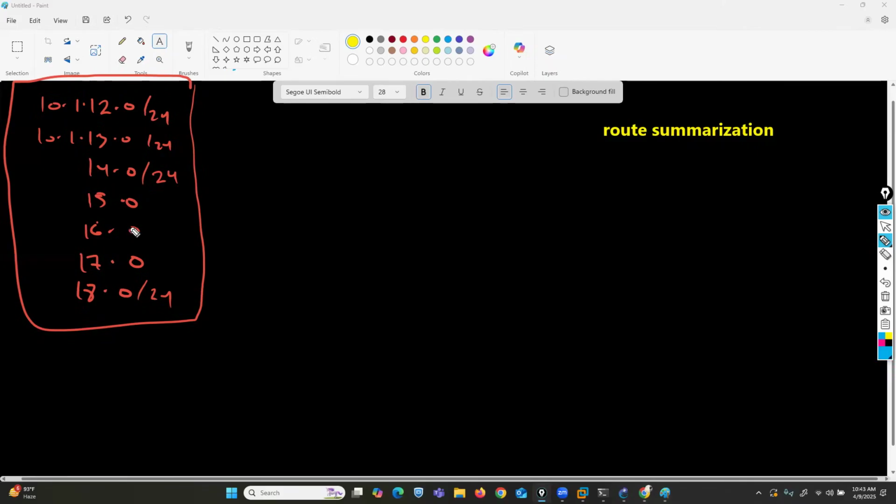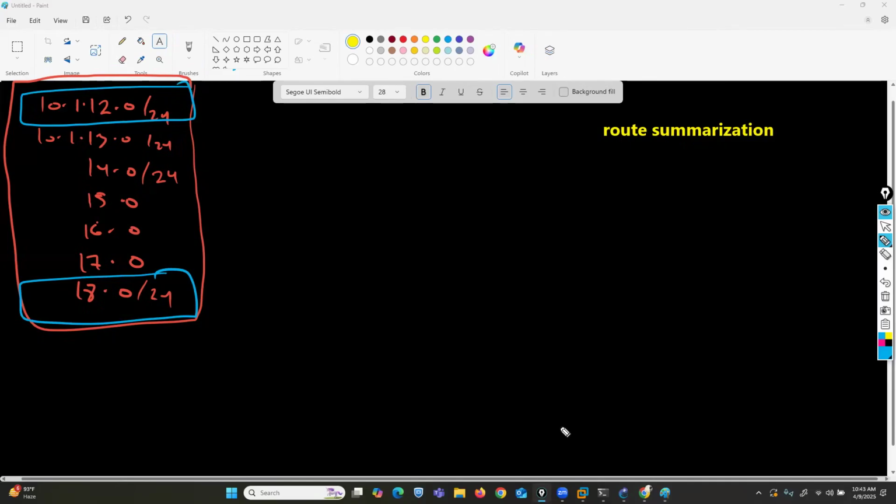If you want to find the summary address of these networks, you can take the first network and last network in this range. And you can also verify. You will see this is a contiguous network, right?